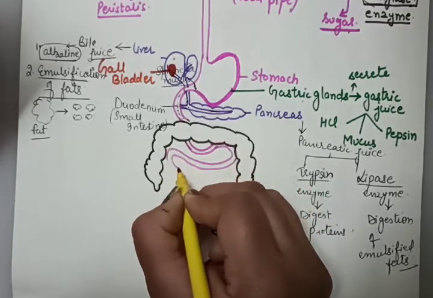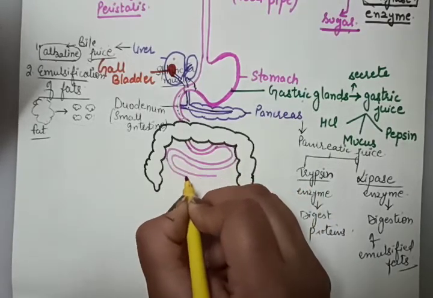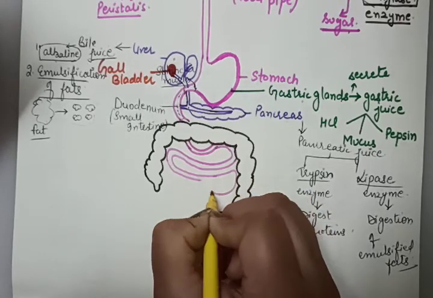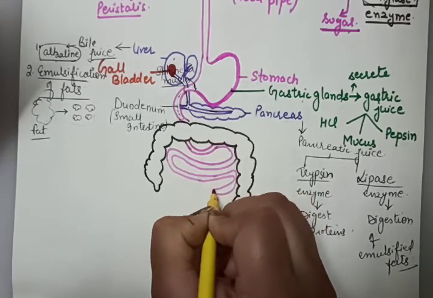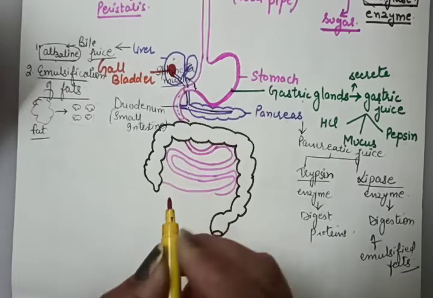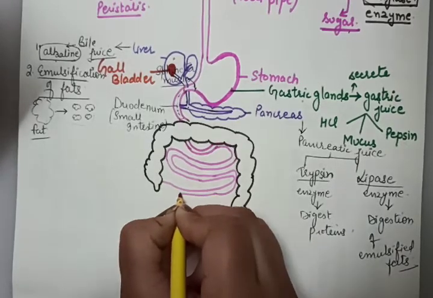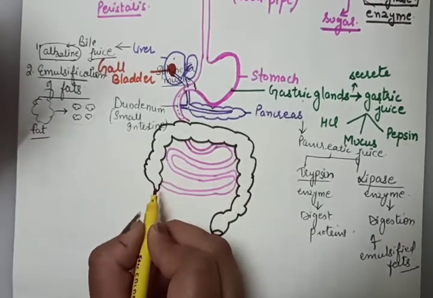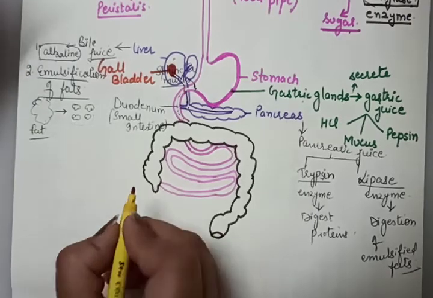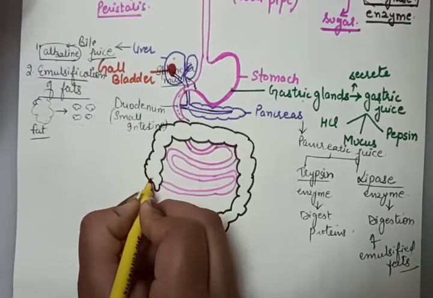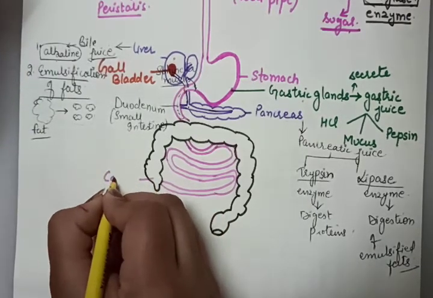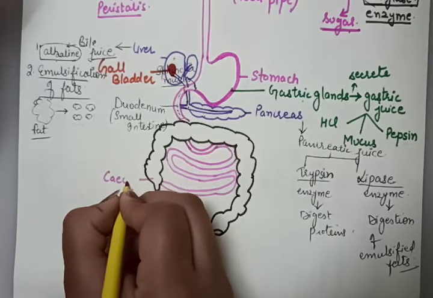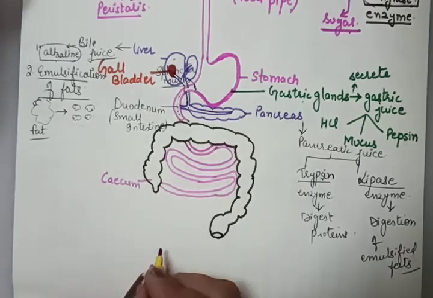You can draw it, and it is open here. The large intestine is open here, and the part where it is open in the large intestine is called the cecum.